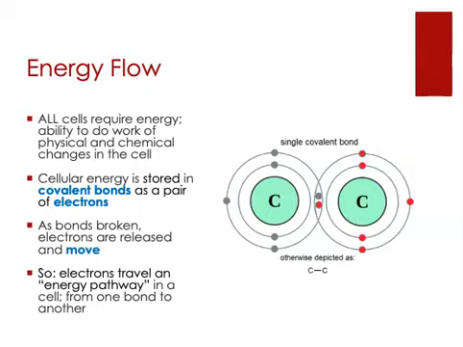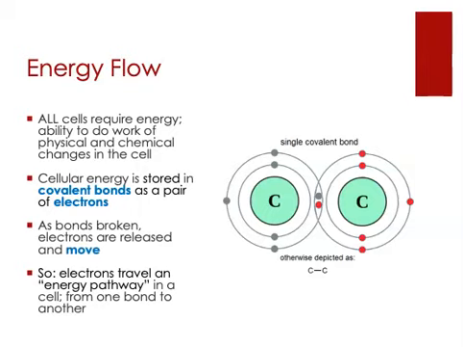Remember that energy is stored inside all of the covalent bonds in all of the molecules inside a cell. And inside that covalent bond is a pair of electrons. That's what the covalent bond is. It's a pair of electrons that are being shared between two atoms. So as covalent bonds get broken during catabolic metabolism, electrons get released.